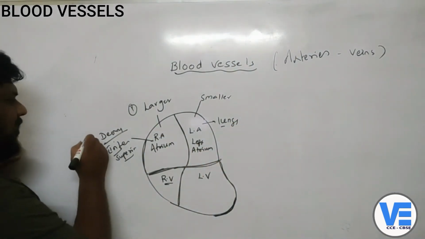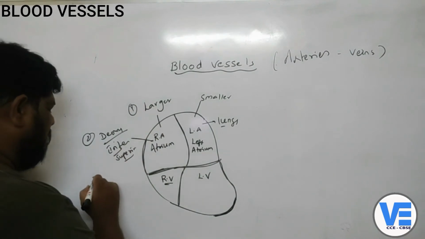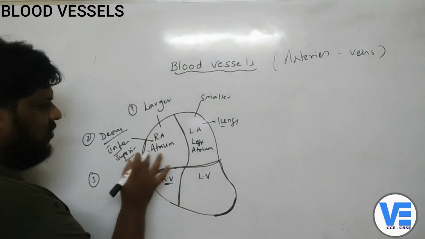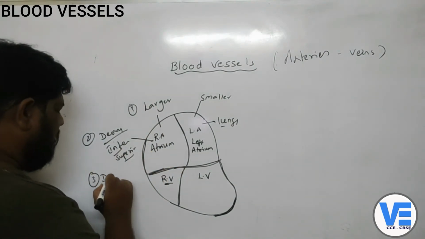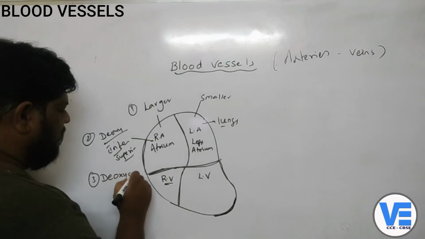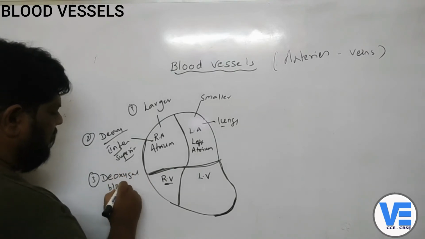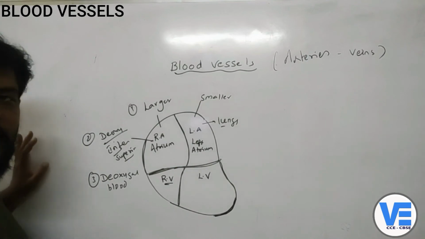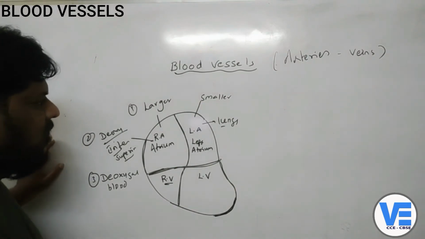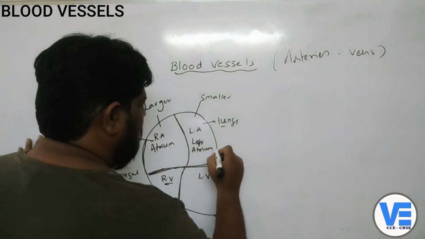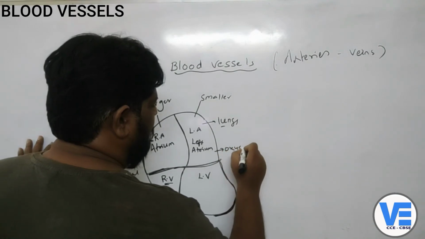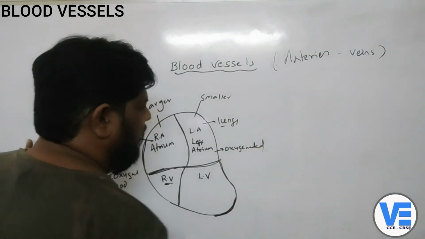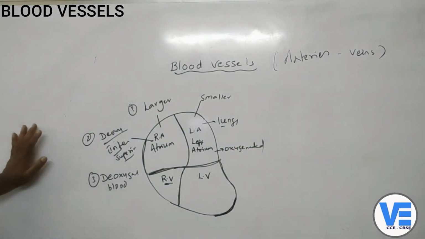And the third difference is this right atrium receives the deoxygenated blood, isn't it? It receives the deoxygenated blood, whereas the left auricle receives the oxygenated blood. Okay.